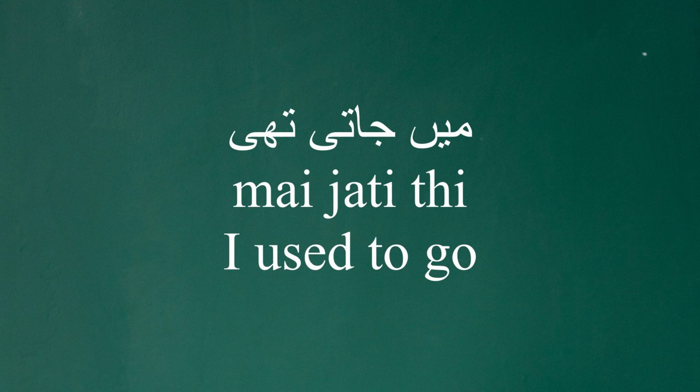But instead of who, we are putting the past element. We are putting thi. Thi is the past element. That means was. So मैं जाती थी. That means I used to go.